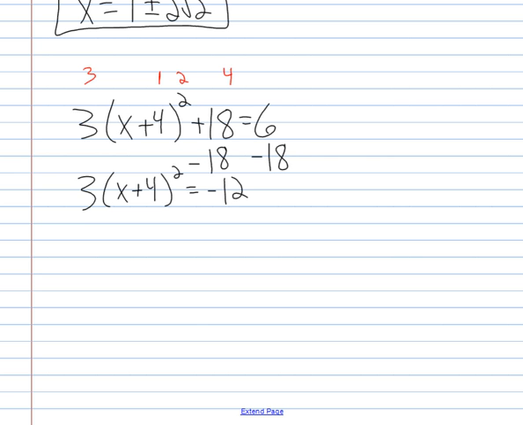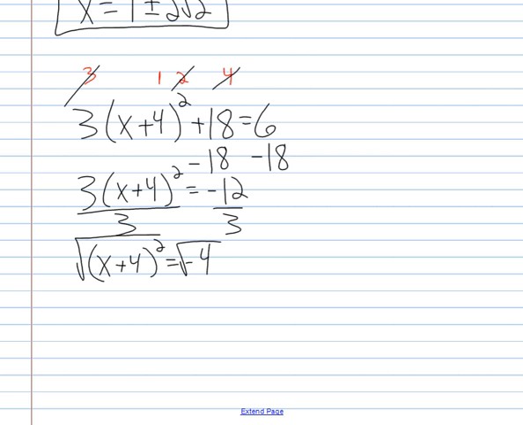Okay, then the next to last thing was the times 3. So we'll divide by 3. So we have (x plus 4) squared equals negative 4. Then we have the square to get rid of. So square root both sides.